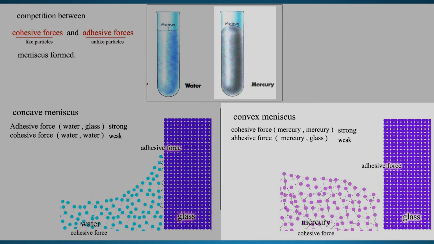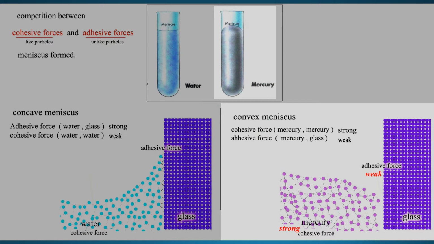Okay, now also cohesive force, mercury. This time if you put mercury, mercury loving mercury is the cohesive force. Mercury towards glass is the adhesive force. And now let's see the difference.